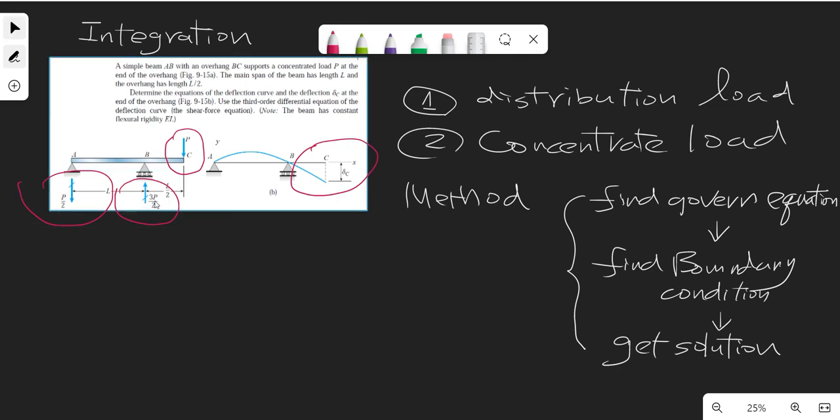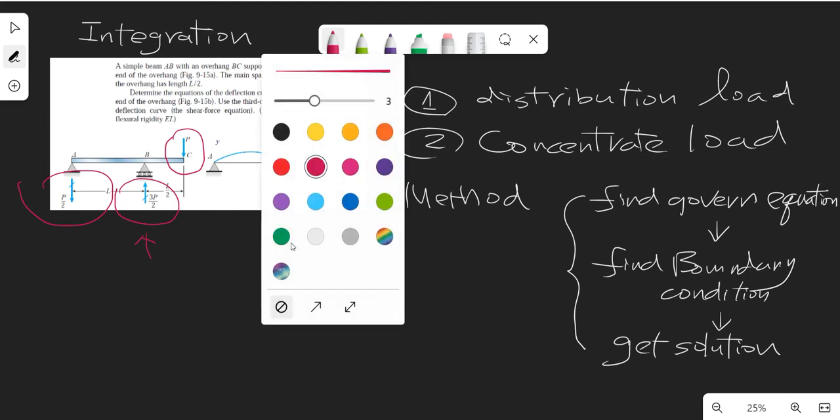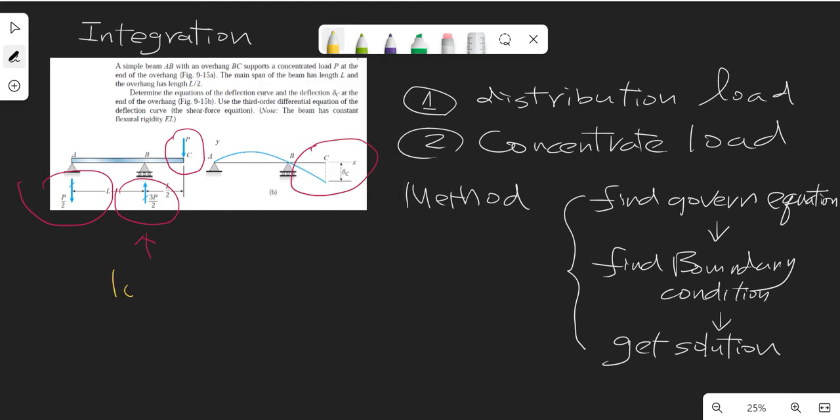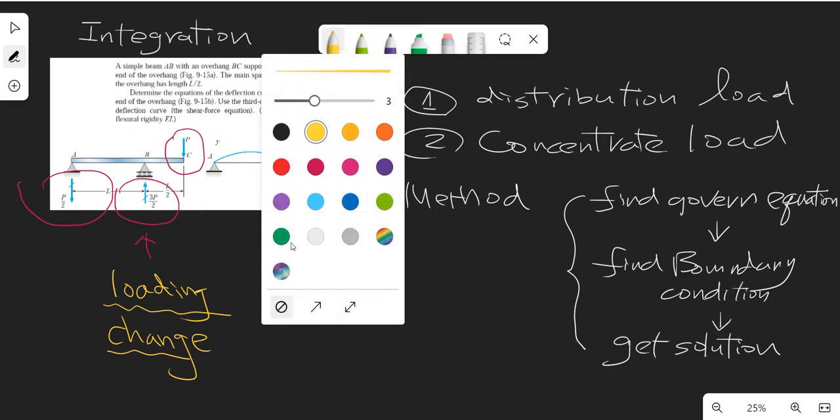When we get the reaction force, we need to separate into two partitions, because we have a loading change here. The loading condition already changed here.